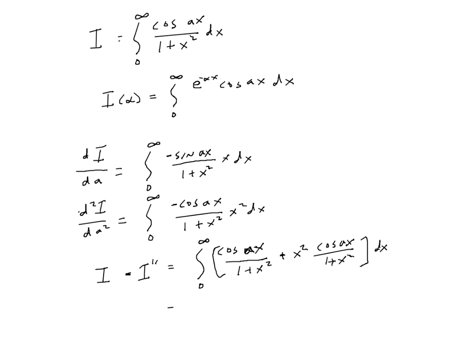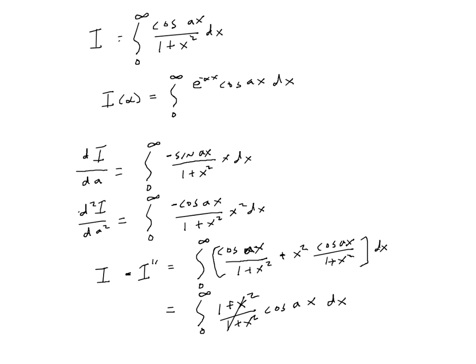And this is basically equal to the integral of 1 plus x squared over 1 plus x squared cosine ax dx. Of course, this first term is just 1.